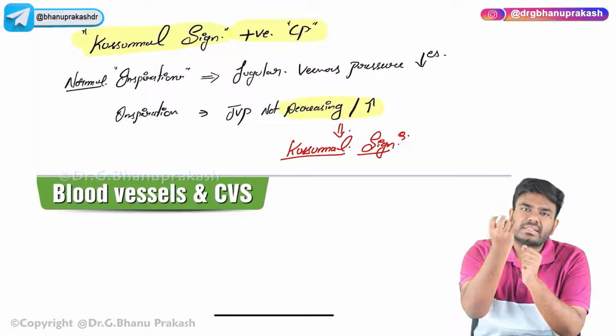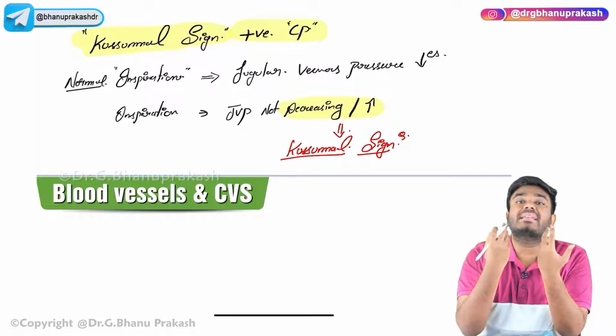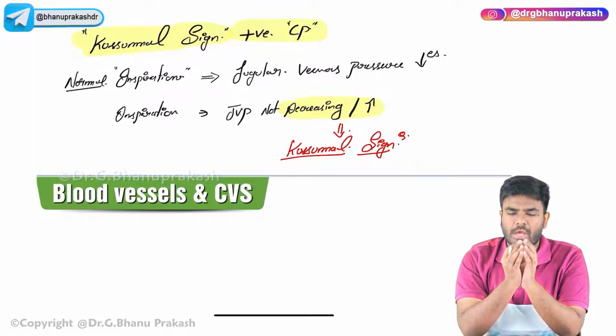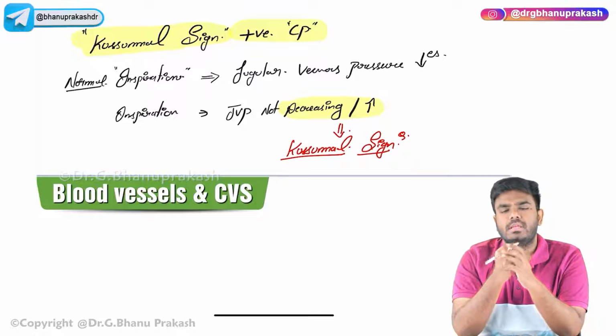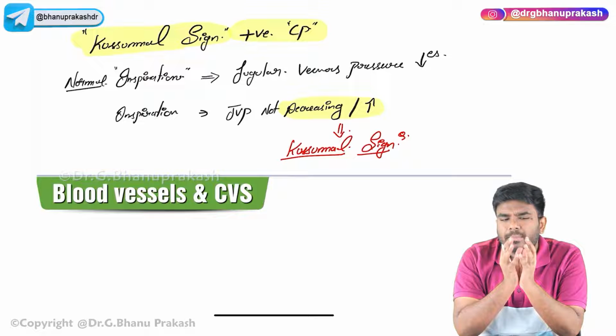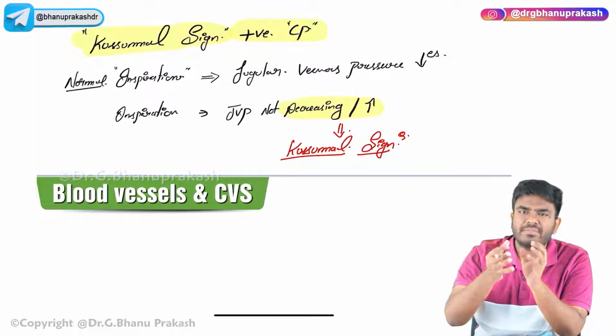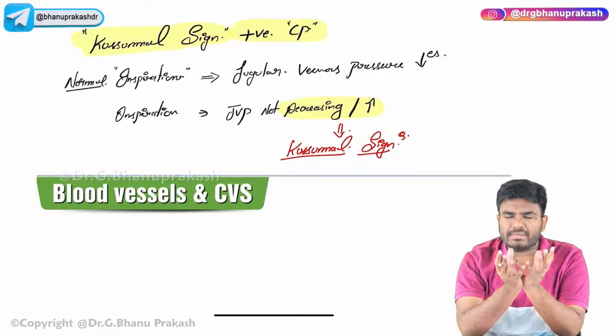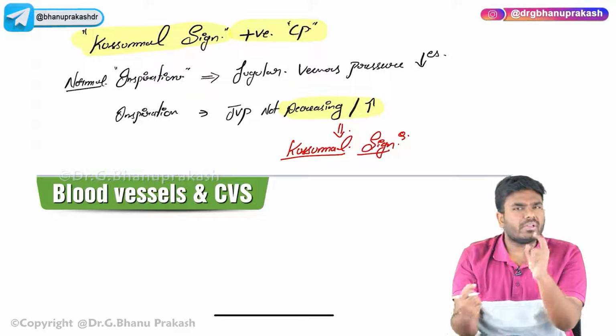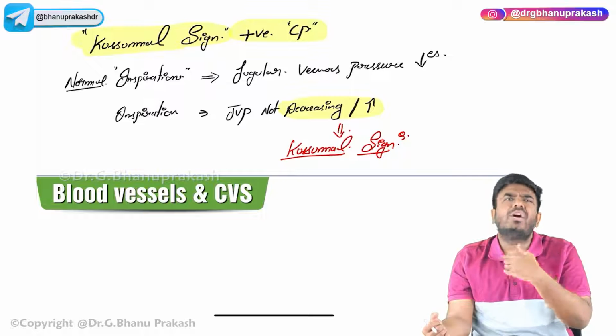Normally the heart should relax and accept the venous return during inspiration. Now the heart is surrounded by a calcified pericardium, so it will not relax properly and will not accept the venous return. Whenever the venous return is not being accepted, what happens to the pressures?